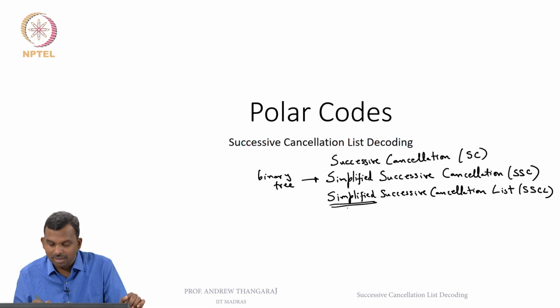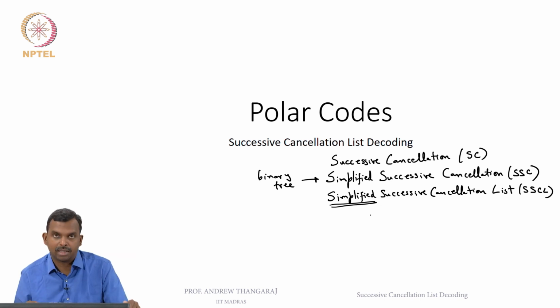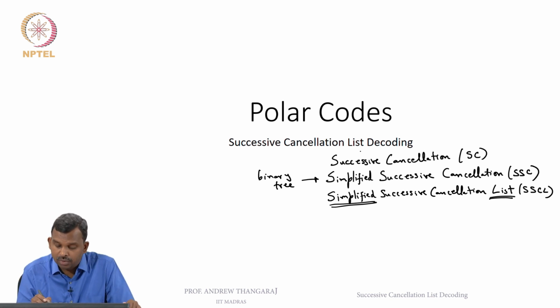The word simplified more or less just refers to the fact that you are using the binary tree and the language of tree traversal to describe successive cancellation decoding, but list is new. So, what is this list decoding? What does it do and how does it work in the context of polar codes is what we will primarily describe in this lecture. A brief warning for you, the idea of list decoding is very old.